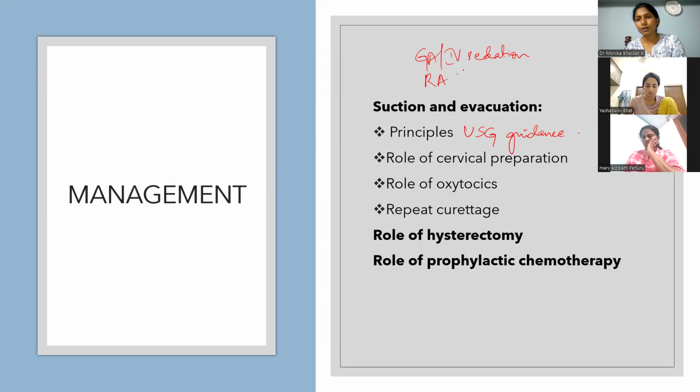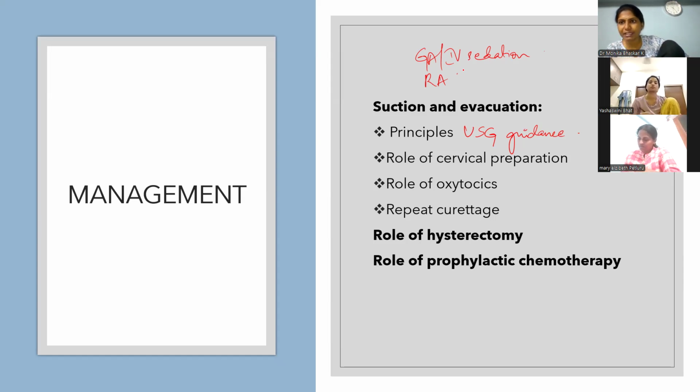So what about the role of cervical preparation? Before doing an MVA or an EVA, do we need to use misoprostol? Before, they used to say there was no need to use any prostaglandins or oxytocin, but the present consensus is you can use it just before the evacuation.